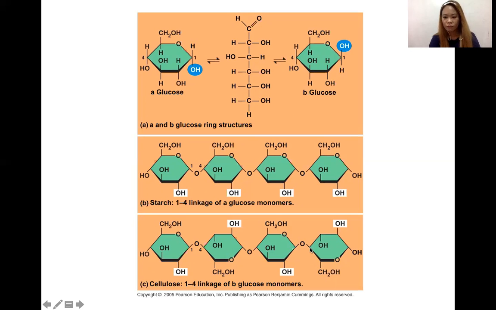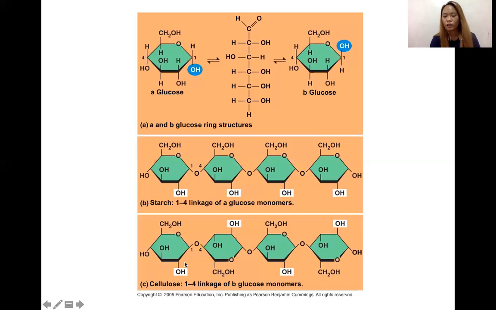But what's different between alpha 1, 4 and beta 1, 4 is that in beta 1, 4, you have one linkage that's going up, and then the second one is going down, the third one is going up, and then the fourth one is going down. So it's alternately going up and going down. Whereas when it comes to alpha 1, 4, all of these linkages are always going down.